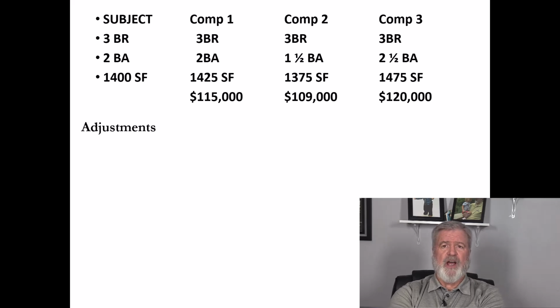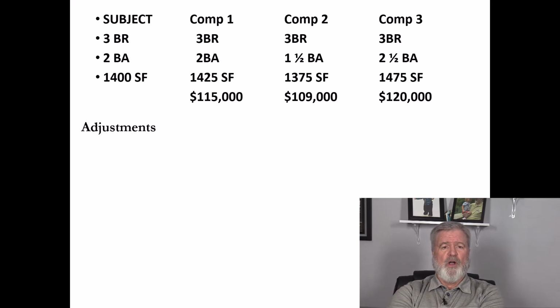So what's $30 a foot times 25 feet? And hopefully your calculator told you it was $750. So that means we're going to have to make an adjustment of $750 for square footage, the difference in square foot.